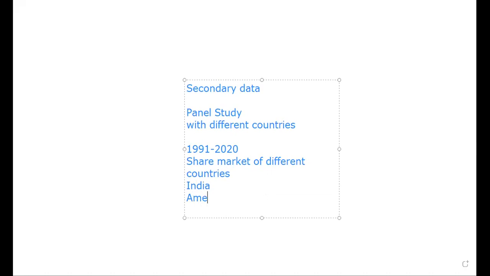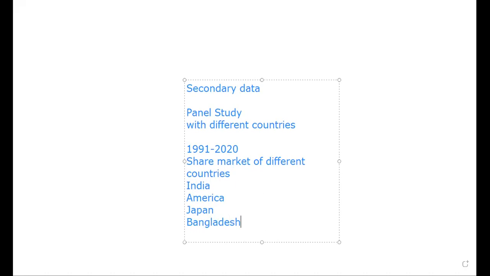Also, I have the share markets of different countries, like India, America, Japan, Bangladesh.